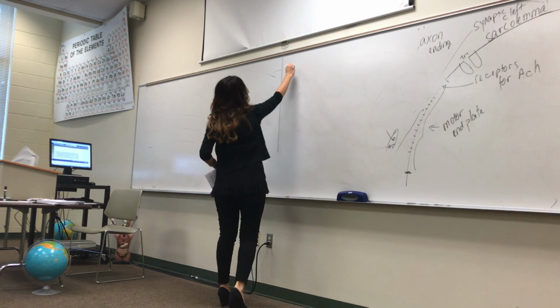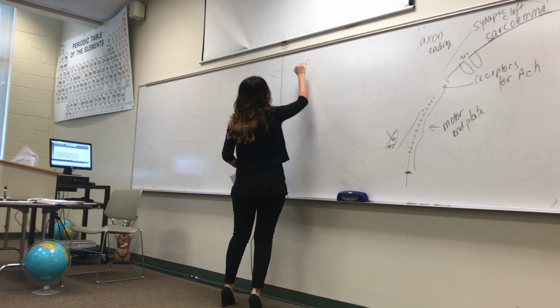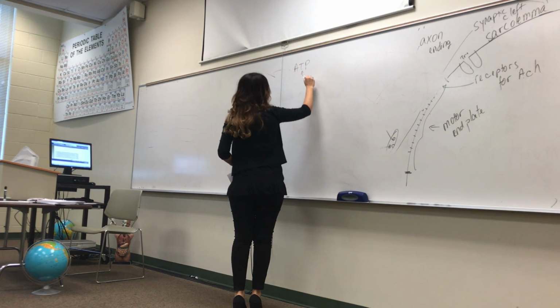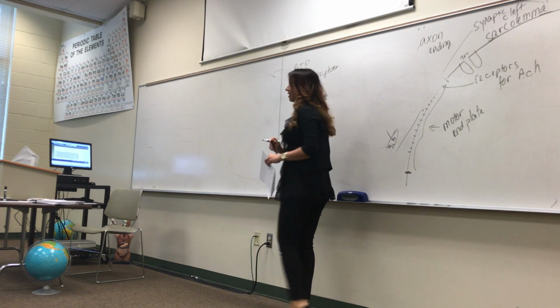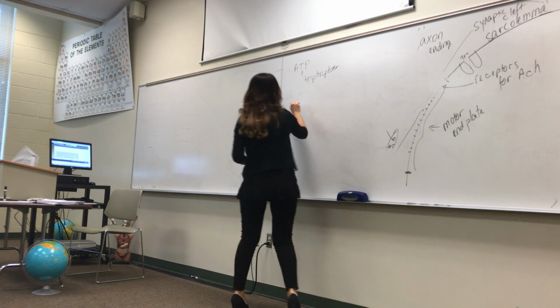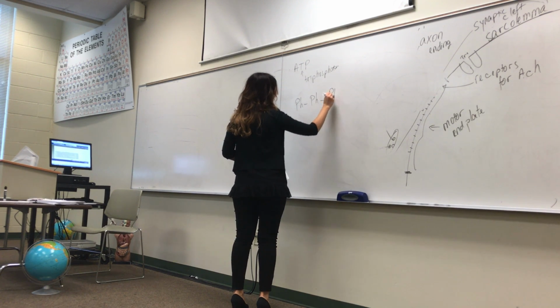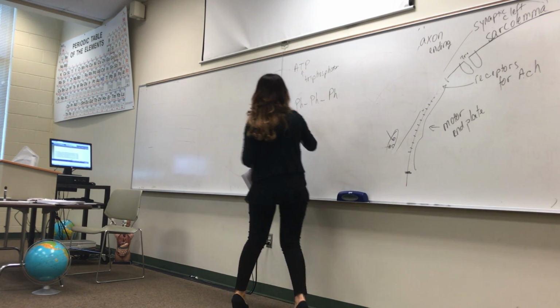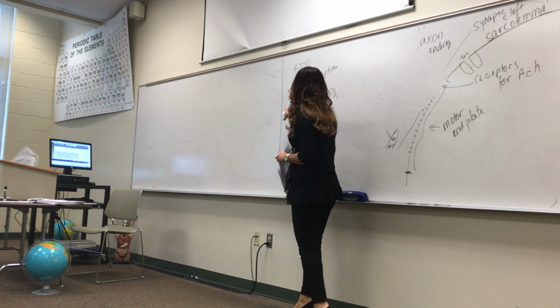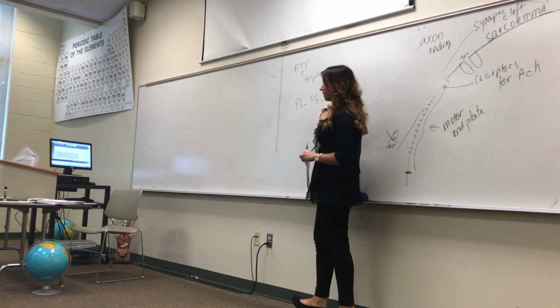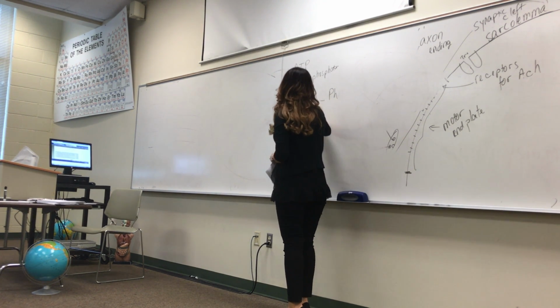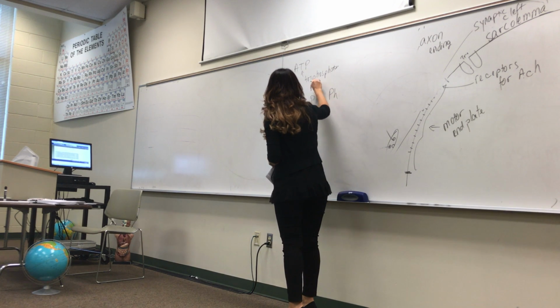Triphosphate, so if I say triphosphate, how many phosphate groups do I have? Three, right? So I have a molecule that looks like this: phosphate, phosphate, phosphate with the adenosine. Triphosphate, three phosphate groups. So this is my ATP, okay?